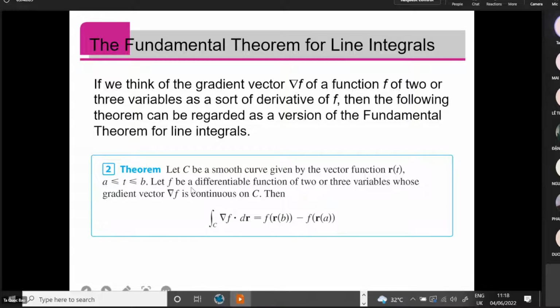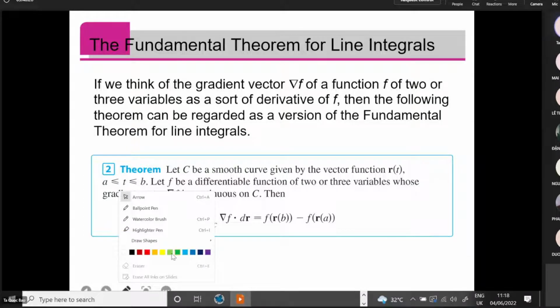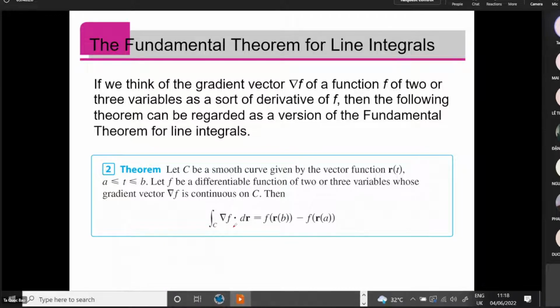Now, if f is a differentiable function of two or three variables, with gradient vector like this, then if we take the integral of the gradient vector of f, we have f(r(b)) minus f(r(a)).